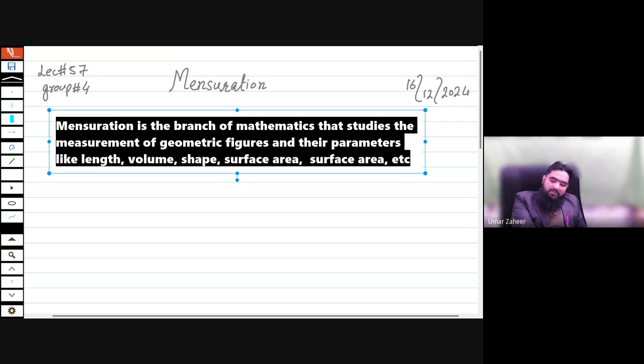Bismillahirrahmanirrahim. So today we are just going to start a new topic, that is mensuration. Yes, can anyone tell me what is mensuration in rough wording? Yes, Sarim, what is mensuration?